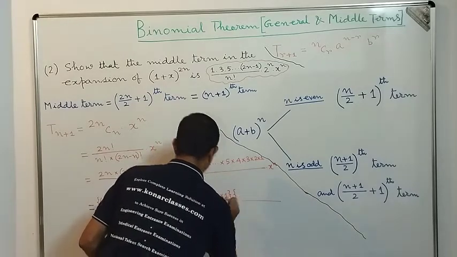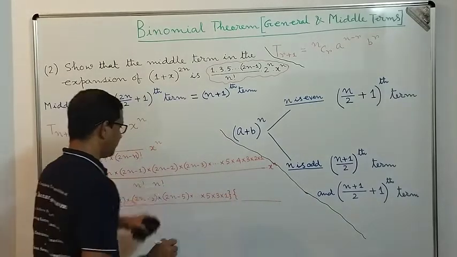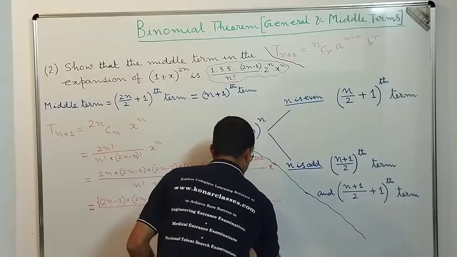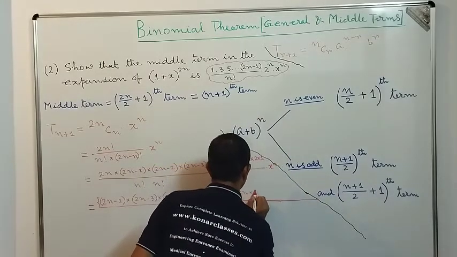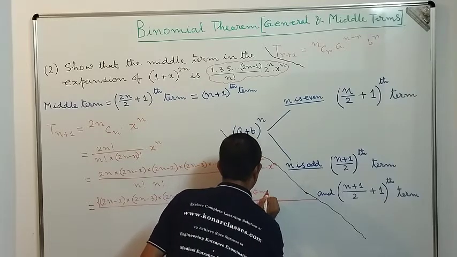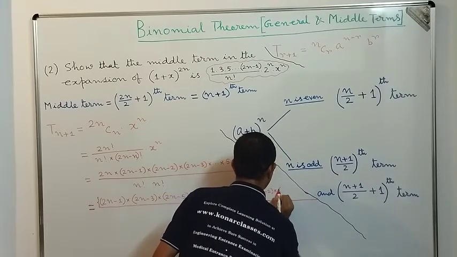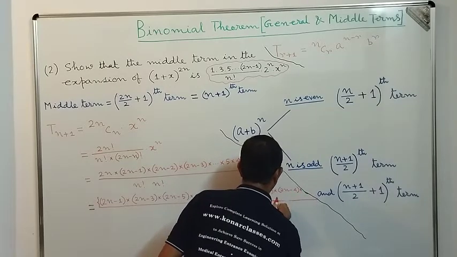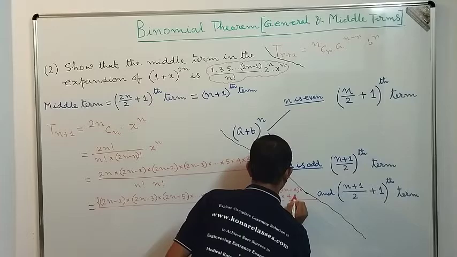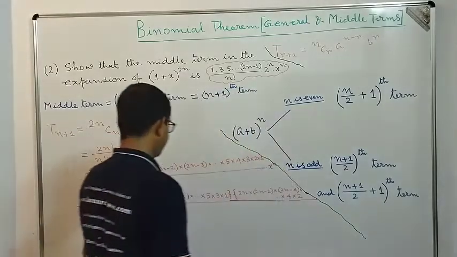The other part is, dear students, 2n into 2n minus 2. So let me write this, 2n into 2n minus 2 into 2n minus 4, correct? In that way it will continue till 4 into 2, correct?